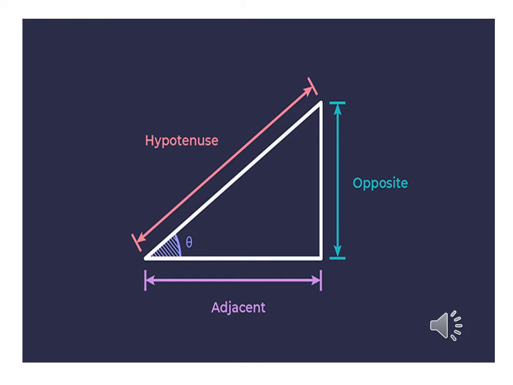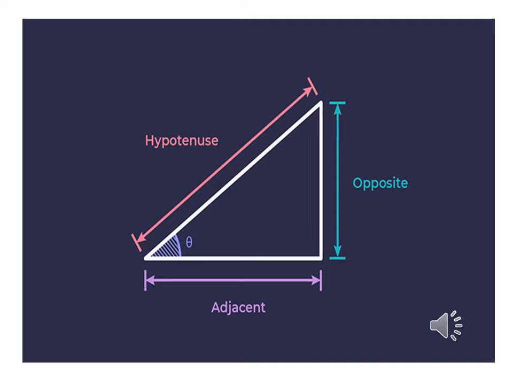Now, consider this triangle. Here, the lower side is called the adjacent side. Why? Because theta, the angle we are considering, is touching this side. So that is your adjacent side, and the side opposite to the angle which we are considering is called your opposite side.